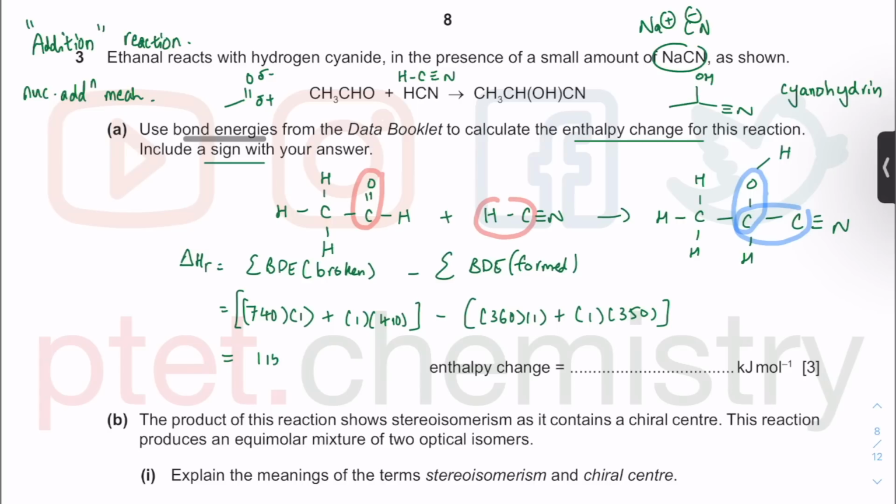My first addition gives me 1150, and the second one gives me 710. So 1150 minus 710. Of course, your calculator shows you 440, but you know, include a sign. Even when they don't say include a sign, you know the enthalpy change has a sign, a value, as well as a unit. So always be aware of what you are calculating there.